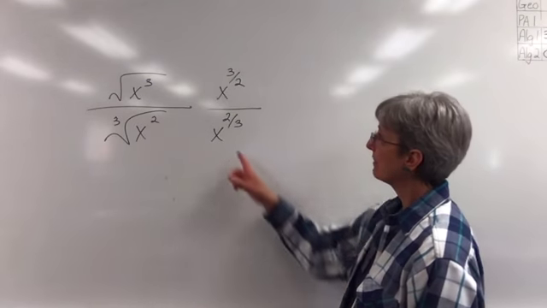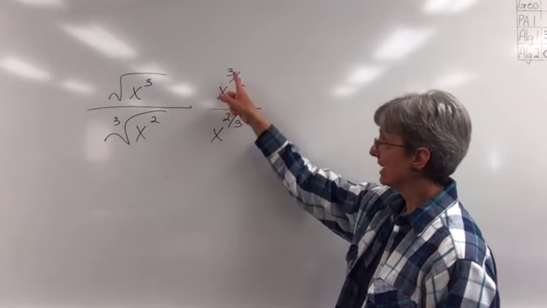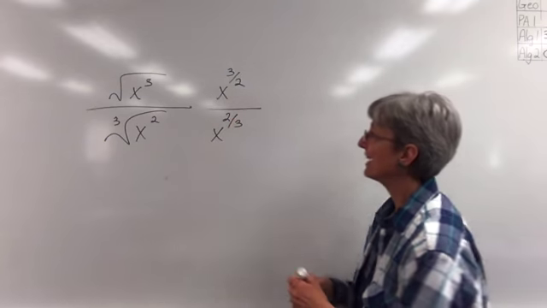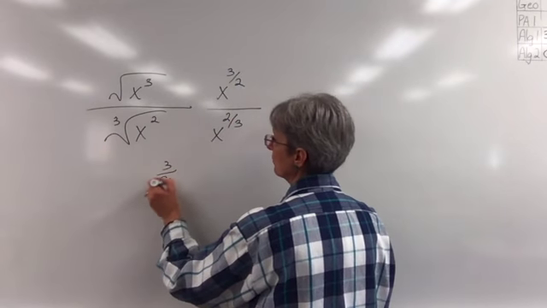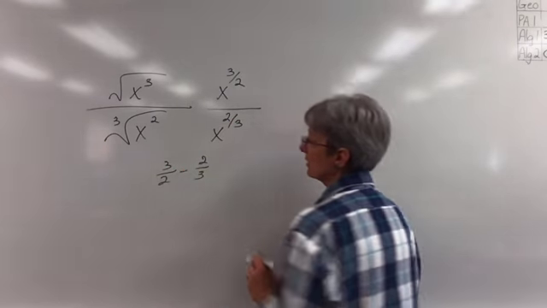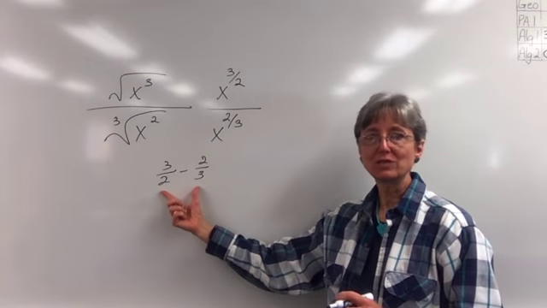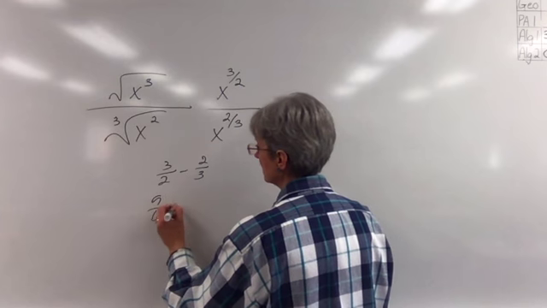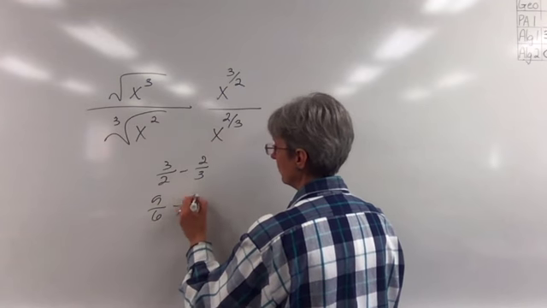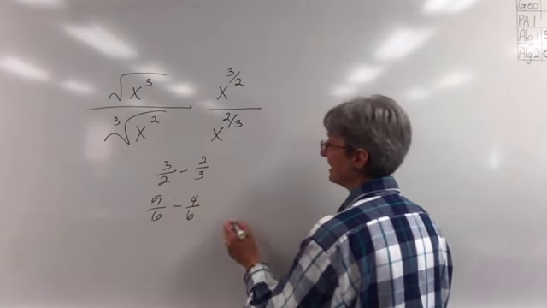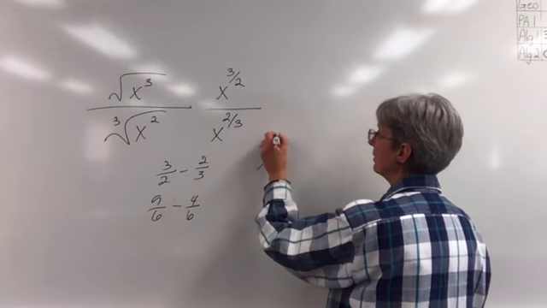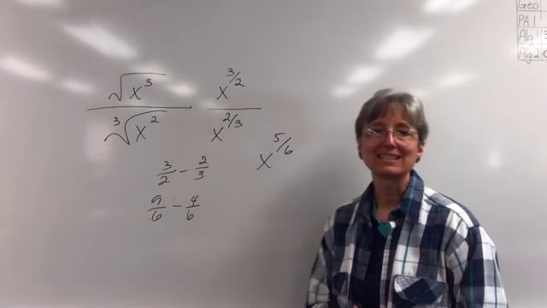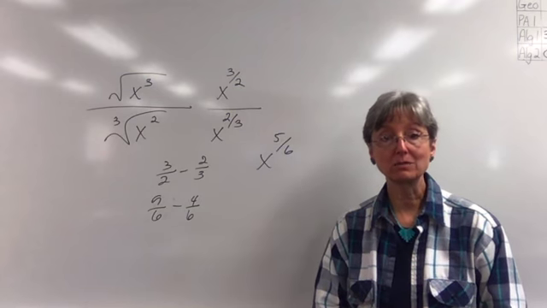Now, since I have the same base, it's 3 over 2 minus 2 over 3. So I'm going to change those to sixths. And this is 9 over 6 minus 4 over 6. And I end up with x to the power of 5 over 6. I can combine them like that.